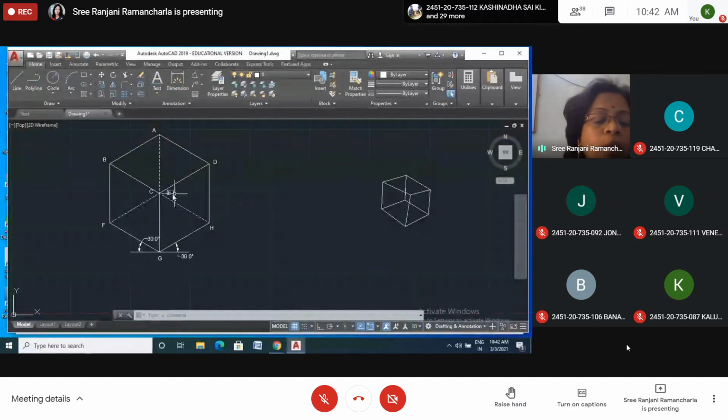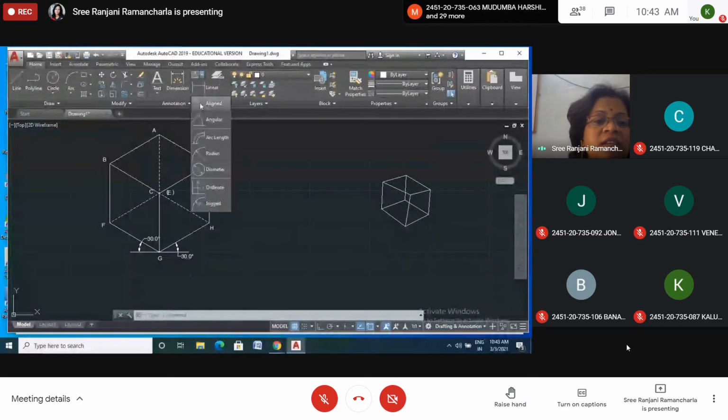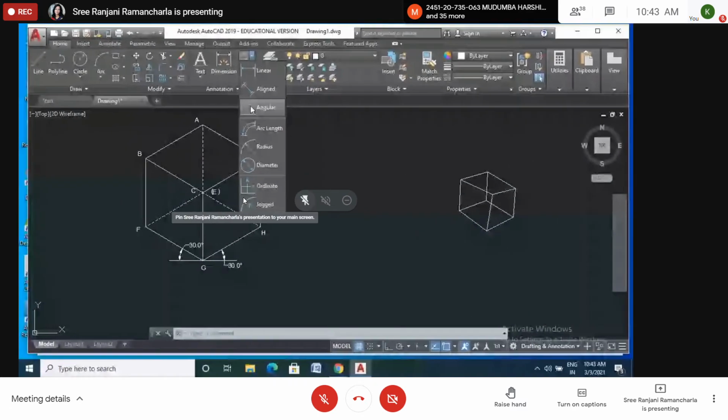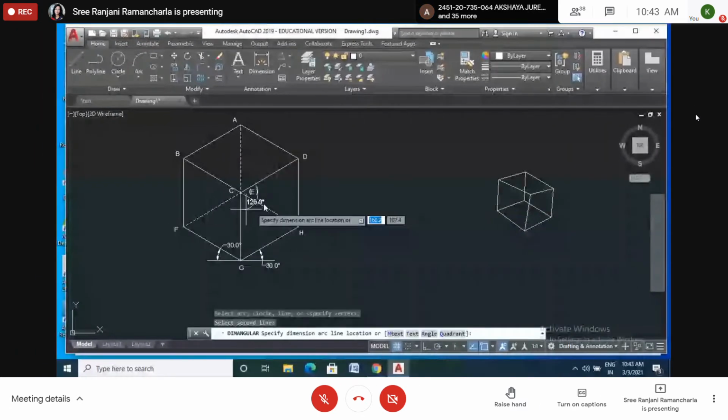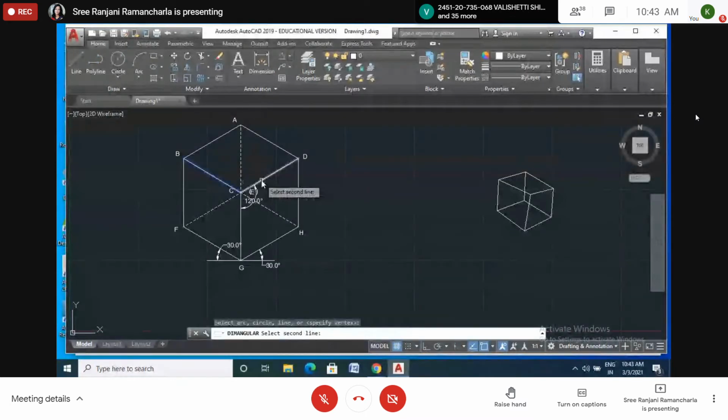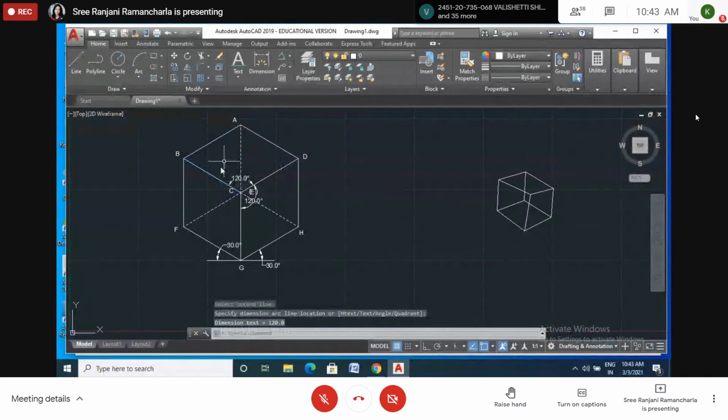Now, what is the angle? These straight continuous lines you can see here are equally divided in a circle, right? So, what is the angle from here to here? Yes, 120. This is 120, ma'am, and between these two also is 120, and between these two also is 120.